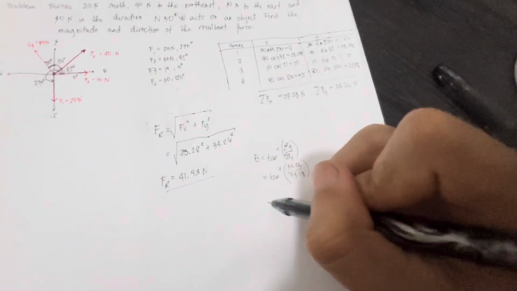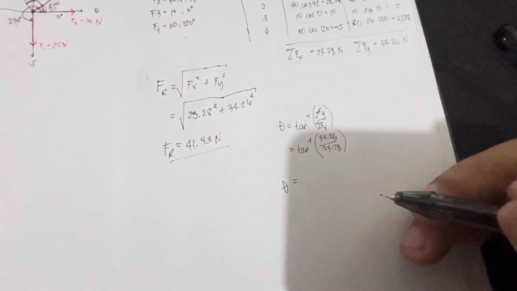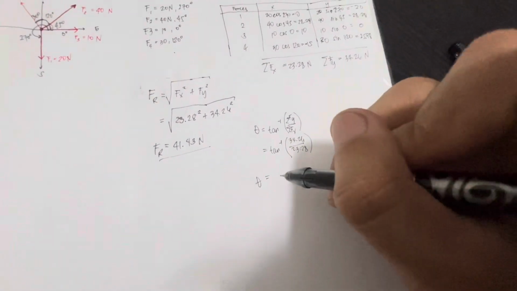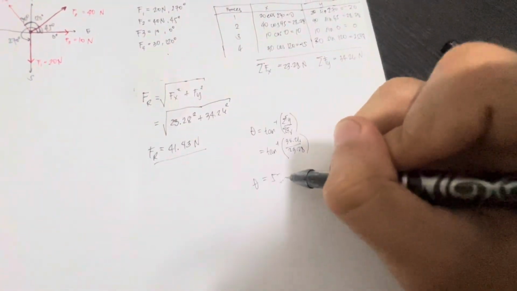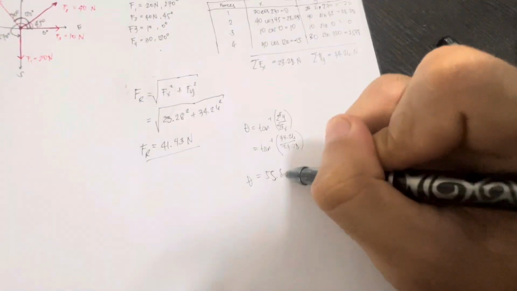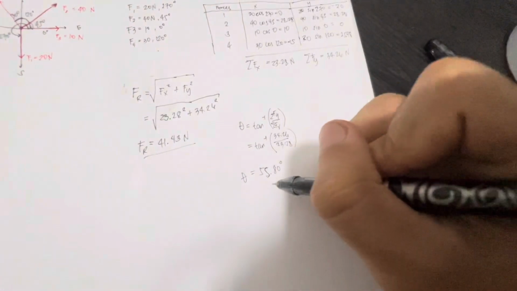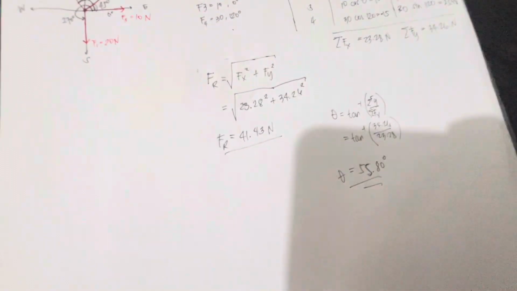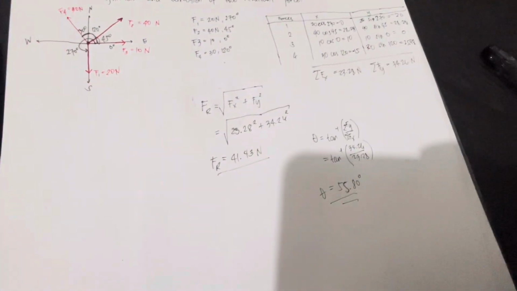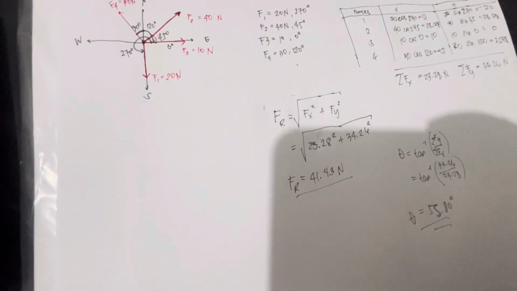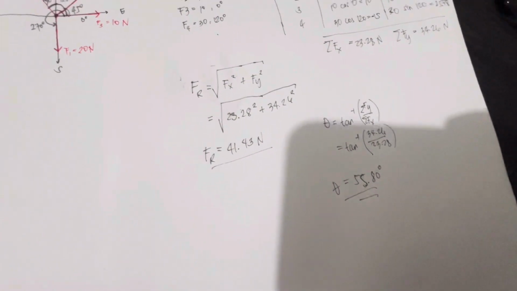Using your calculator, ang theta is 55.80 degrees. So if i-plot na nato siya, you have 41.43 ang magnitude tapos 55.8 ang direction.